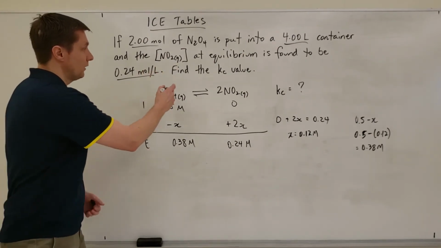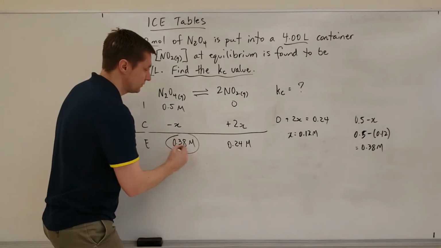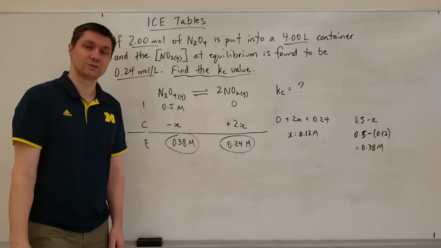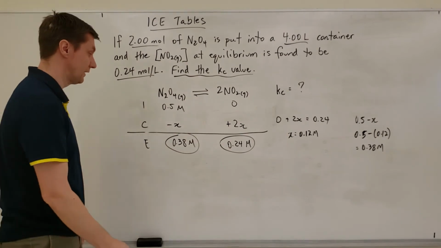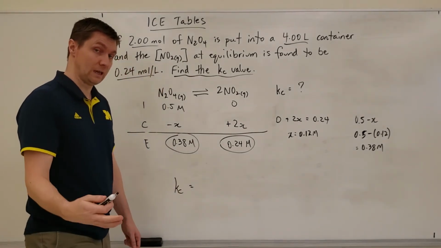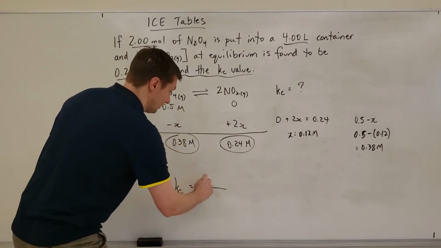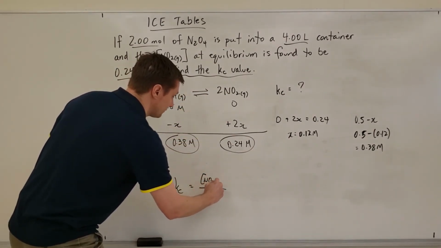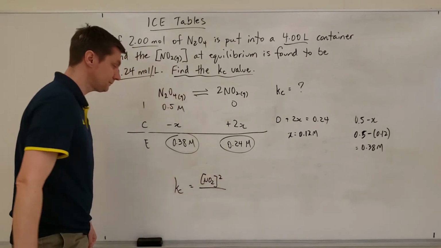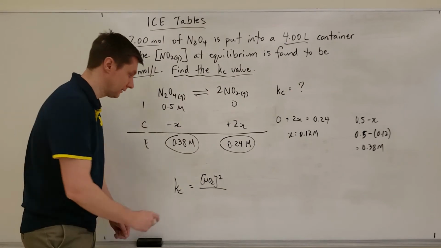Now at this point, the question says find the Kc value. So now that I have my equilibrium concentrations for both of those substances, I can find what the Kc value is. To find the Kc value, I need to write a proper Kc expression. And so my Kc expression is going to be the concentration of my products over the concentration of my reactants.